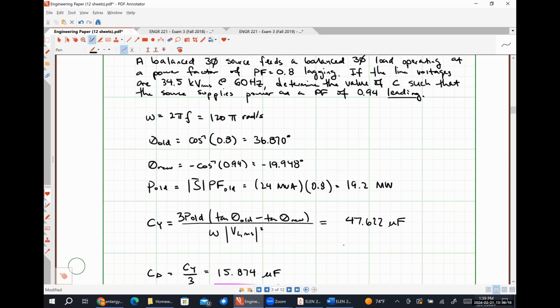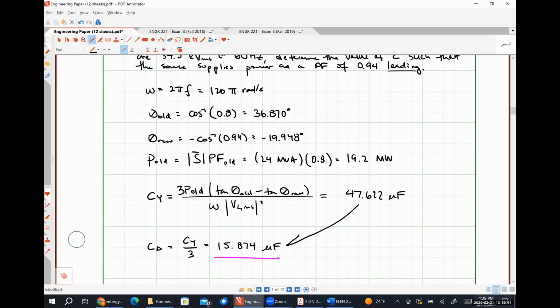So 19.2 times 10 to the positive 6 tangent of X minus tangent of Y. That's probably what it is. 120 pi, and then 34,500 squared. Yeah, so this guy should come down here. I forgot the 3. You're absolutely right.